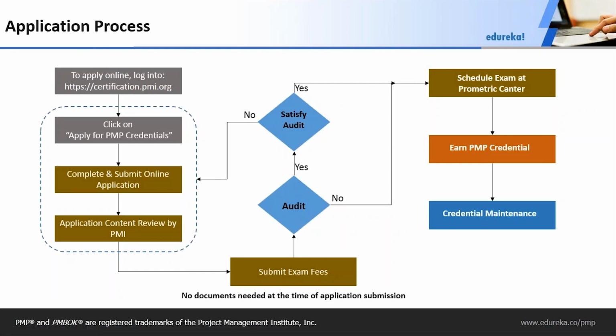So the first step, the moment you decide to go for the PMP examination and you have to submit the application and you have completed your training, is to go to the following link which is there in the slide, certification.pmi.org, or you can simply log into www.pmi.org, look for the certification menu, and once you go to the certification page, you can look for apply for PMP credentials in the PMP section. So once you start on that, it will initiate the entire application process.